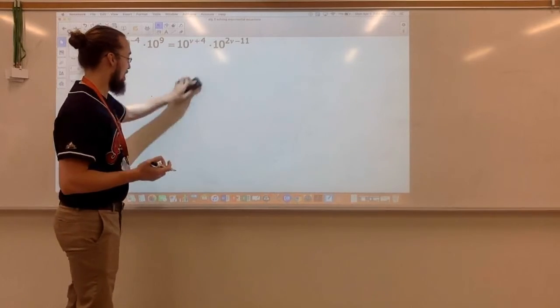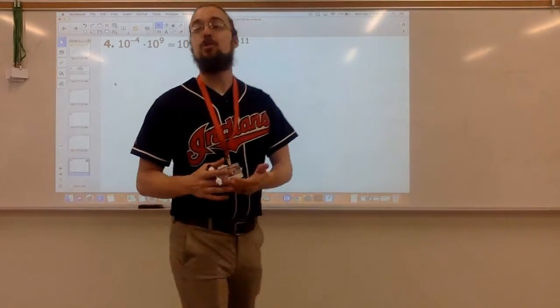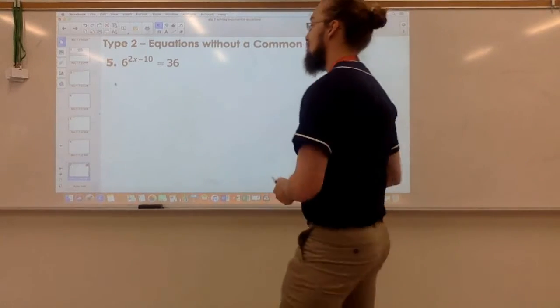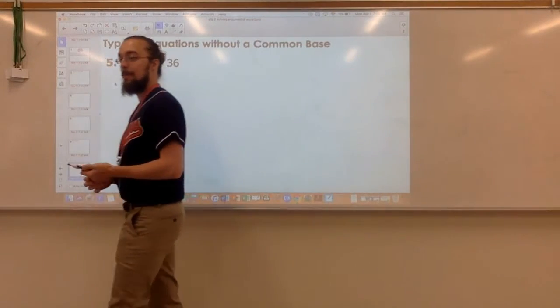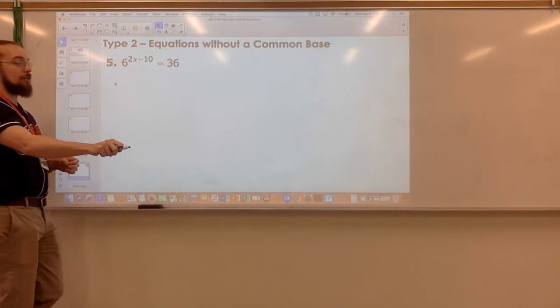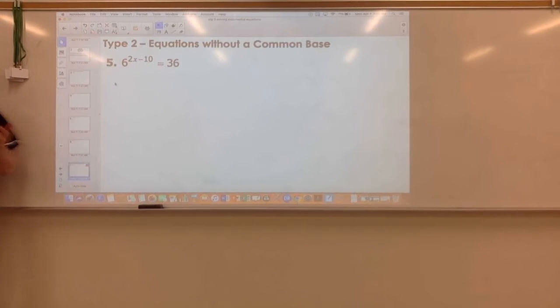On the back, we're going to take a look at type 2, where we have equations that do not have a common base. That's a log. So if we see a log that doesn't have a base, we say it's base 10.